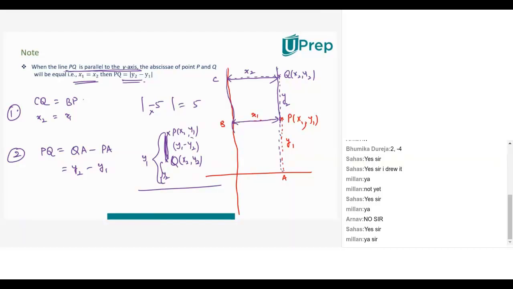The difference between y1 minus y2 or y2 minus y1 is only a minus sign. Because I don't know whether point P is above or point Q is above, this is not mentioned here. I gave just that the PQ line is parallel to the y-axis. I might differ in a minus sign.